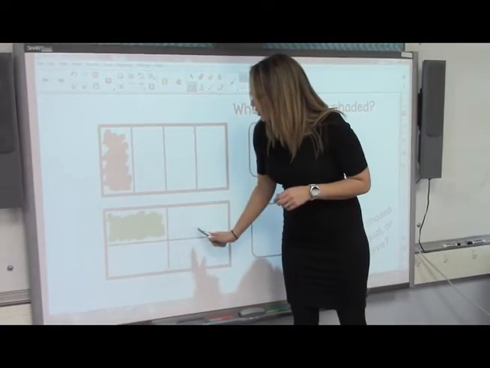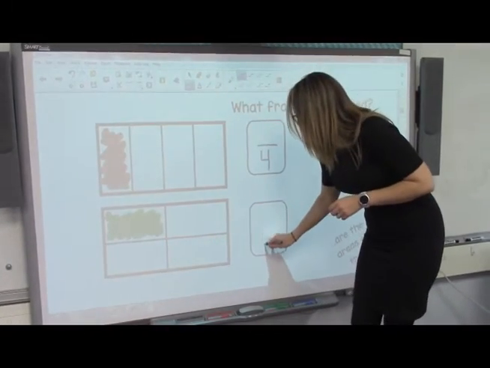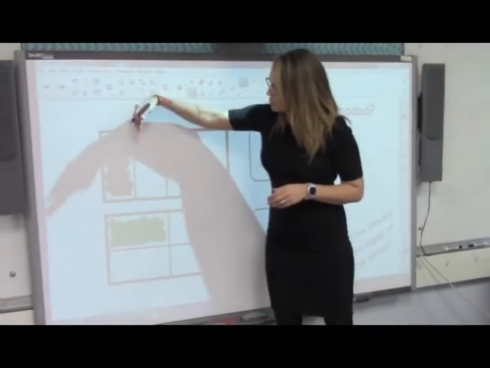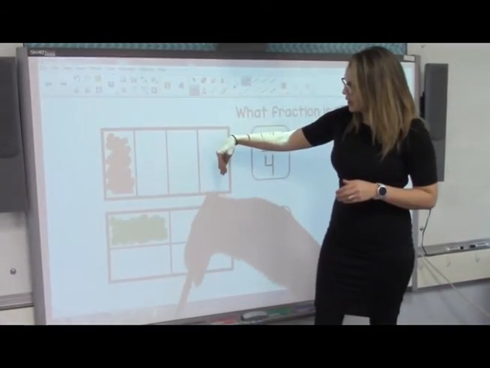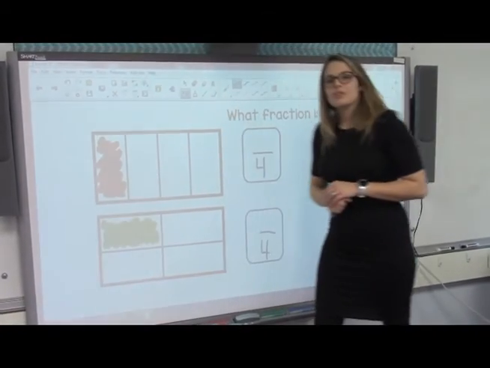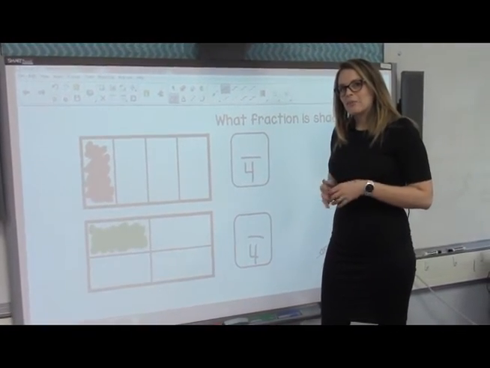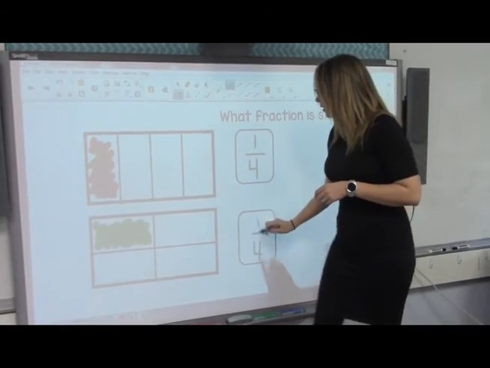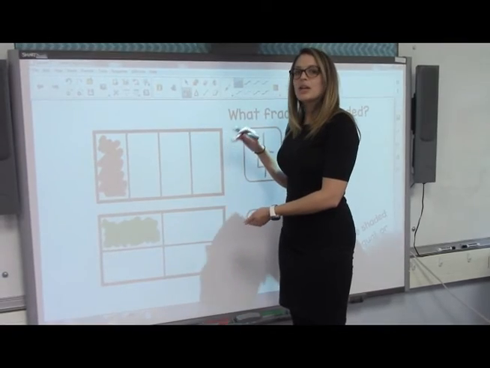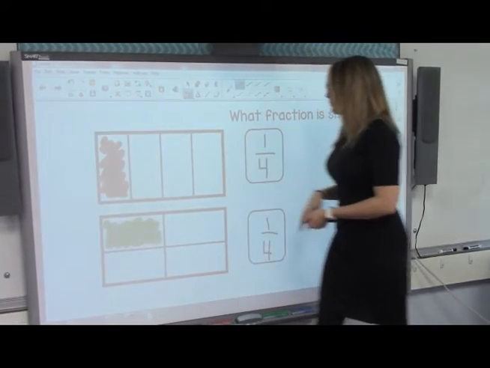And here again, 1, 2, 3, 4. But they were partitioned different ways. This one was partitioned with vertical lines, and this one was a horizontal and a vertical line. Do you know that the area is still the same because it is 1/4? So they are both 1/4, and the rectangles are exactly the same, so the area is the same.